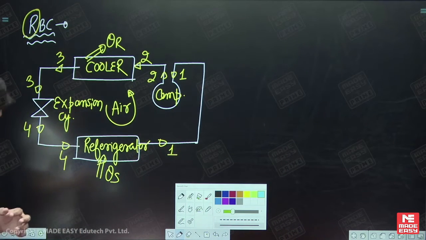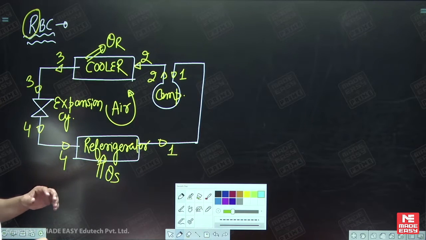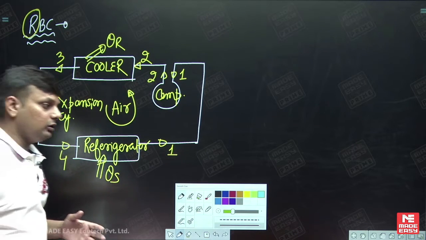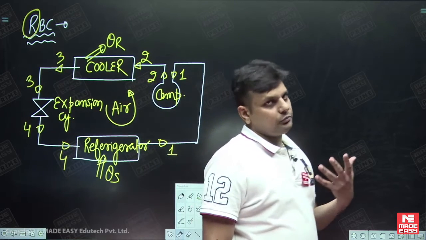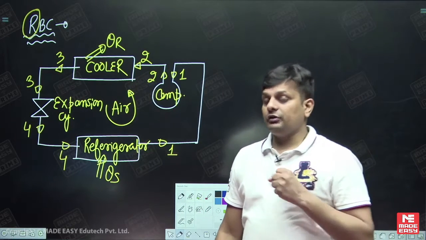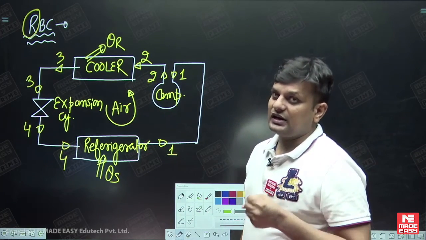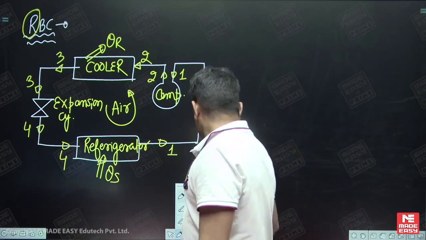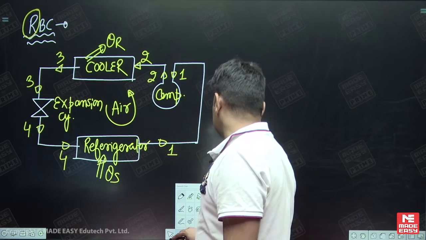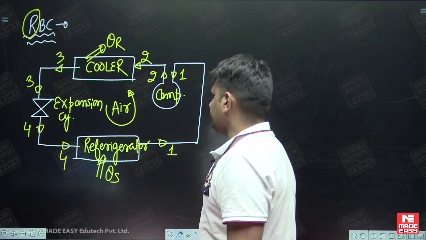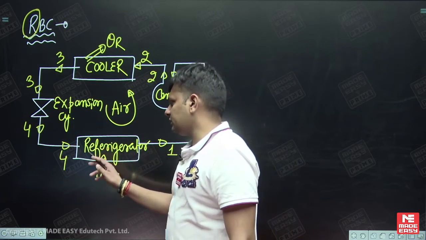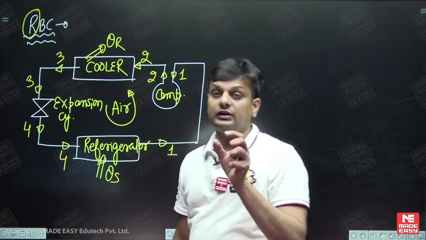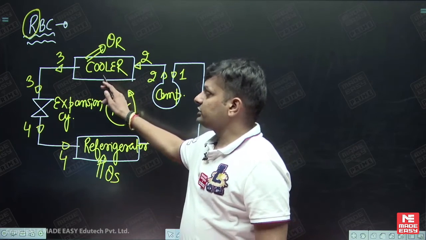So now if you observe carefully, in this case we have changed the names but the process is almost the same if you compare it with VCRS, vapor compression refrigeration system. In VCRS we use the word evaporator and the word condenser.